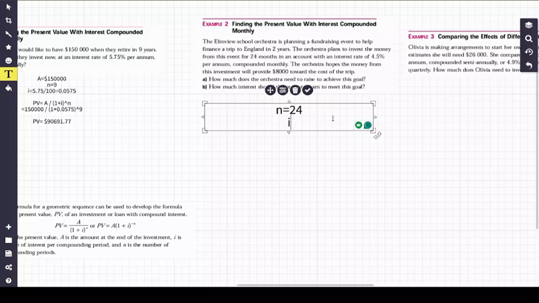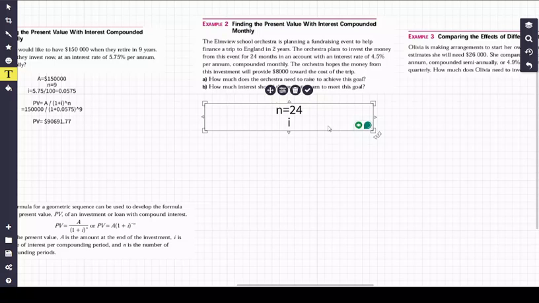Now, interest rate, we all remember how to calculate the interest rate from this. We're going to take the per annum interest rate and divide it. So we're going to do 4.5% divided by 100 first, and then divide it by 12.